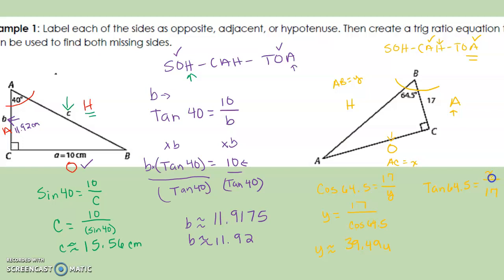To get this X divided by 17 to get X by itself, I'm just going to multiply by 17 on both sides. And I end up with 17 times tan 64.5 equals my X. And now I'm ready to go to the calculator, and that's exactly what I'm going to put in. 17 parentheses, and then tan 64.5. I hit enter. 35.64 is approximately equal to my X value.